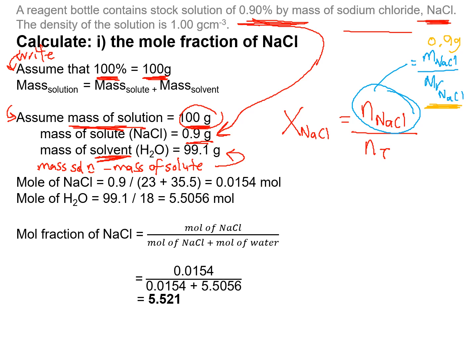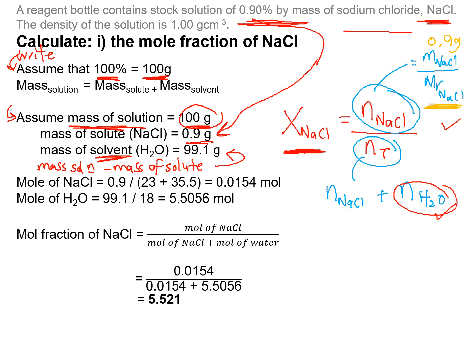And then total number of mole pula adalah number of mole of NaCl campurkan dengan number of mole of H2O. Jadinya, you have got to find the number of mole of NaCl and also the number of mole of H2O supaya kamu dapat kira mole fraction of NaCl. Okay, nak cari number of mole of H2O pula macam mana?